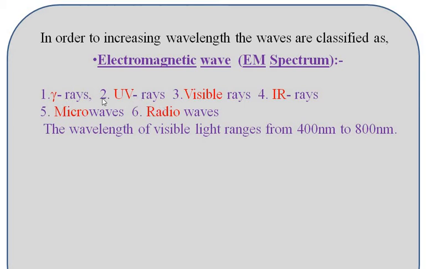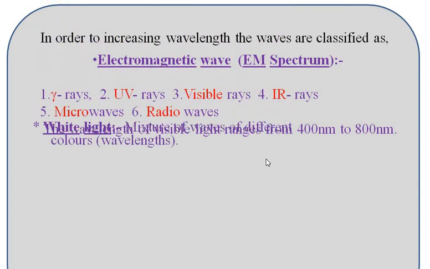These are the different rays called the electromagnetic spectrum. The wavelength of the visible light ranges from 400 nanometer to 800 nanometer. The visible light is the light which we can see.